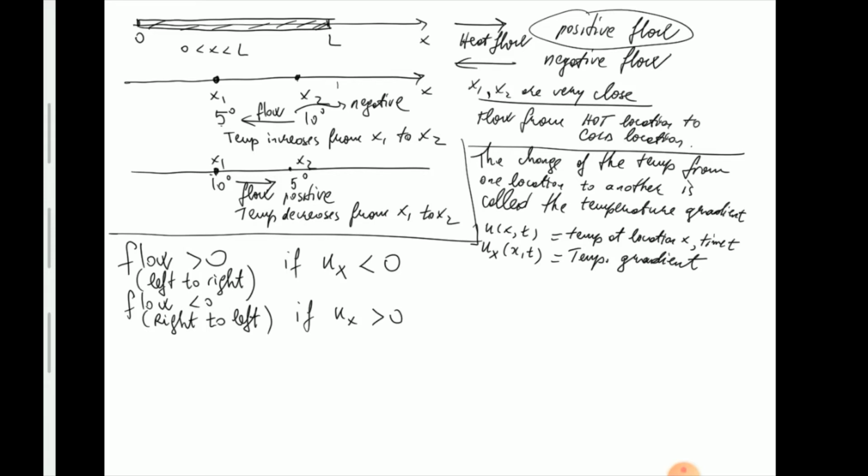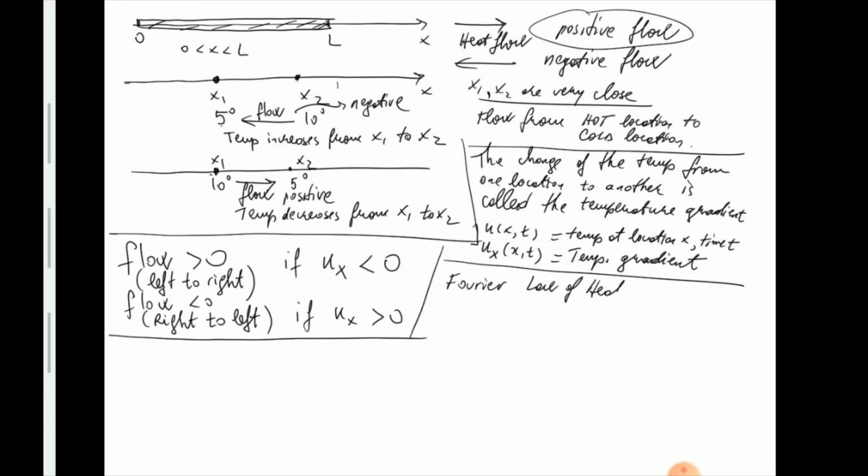So we made this discussion to understand the minus sign in one of the important physics laws, which is one of the main ingredients to building up the heat equation later. There's something called in physics the Fourier law of heat conduction. So first of all, we have one more definition here.